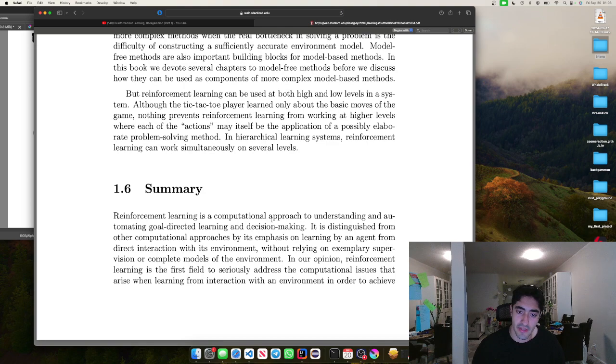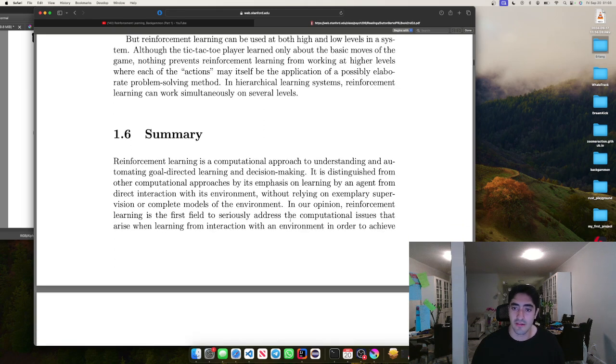Reinforcement learning is a computational approach to understanding and automating goal-directed learning and decision-making. It is distinguished from other computational approaches by its emphasis on learning by an agent from direct interaction with its environment without relying on exemplary supervision or complete models of the environment.